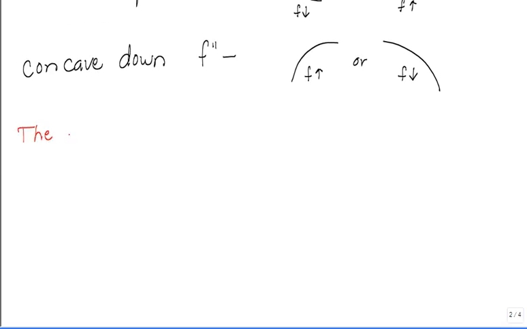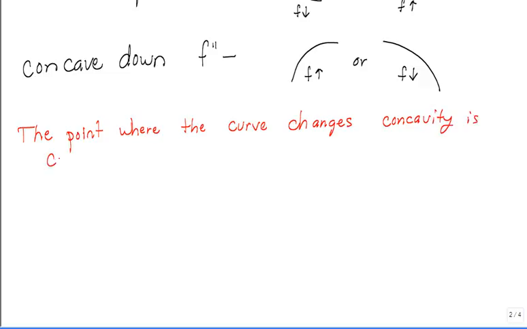The point where the curve changes concavity is called the inflection point. So here's an example.